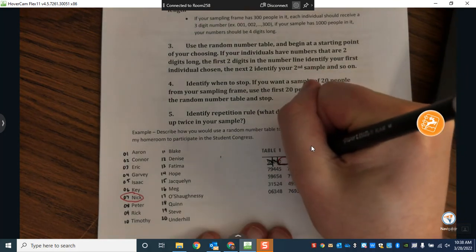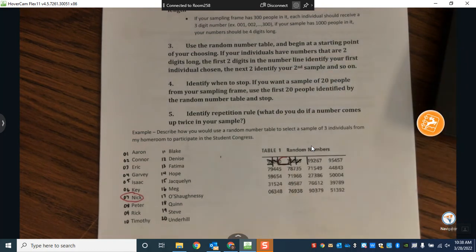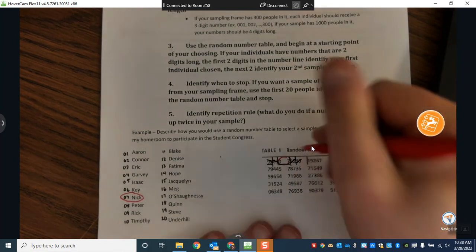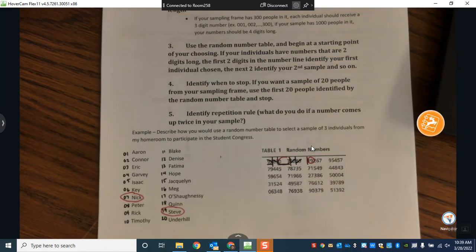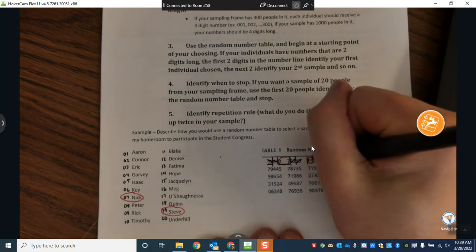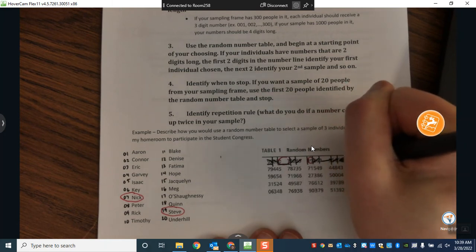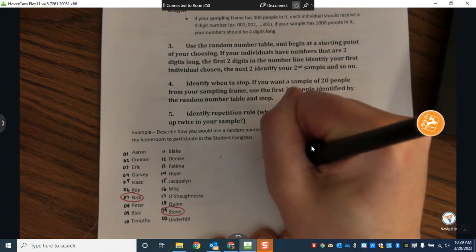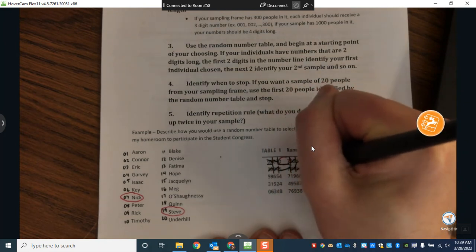All right, then I'm going to go to the next one. 82, no. 40, no. Okay, 19. 19 is Steve. All right, 26, 79, 54, 57, 79, 44, 57, 87, 35.